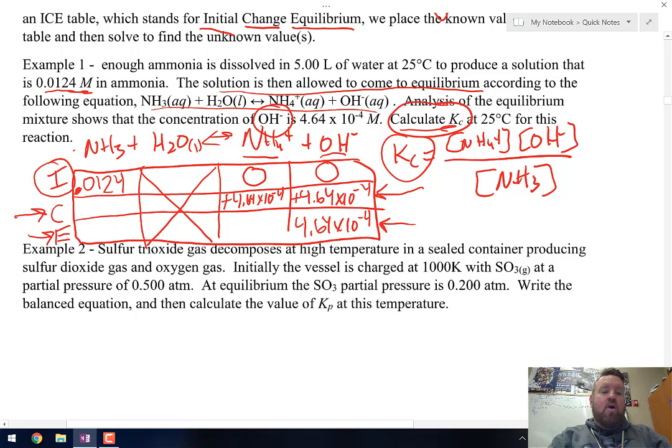Okay, and then over on the reactant side, something very similar. If these go up by 4.64, and again, it's a 1:1:1 ratio, the only difference is NH3 is a reactant. So if the products are going up, then the reactants have to be going down. So the change here is going to be going down by that same amount, 4.64 times 10 to the minus fourth.